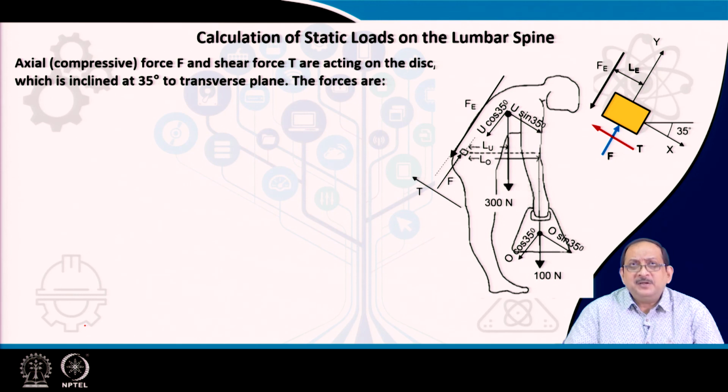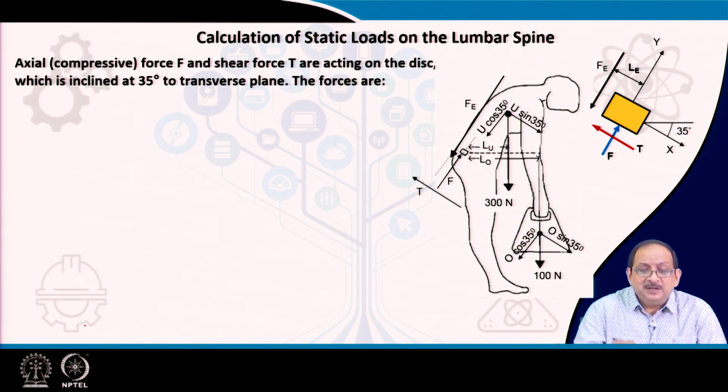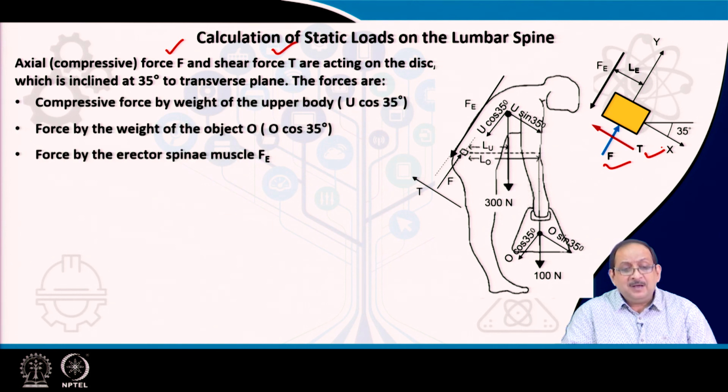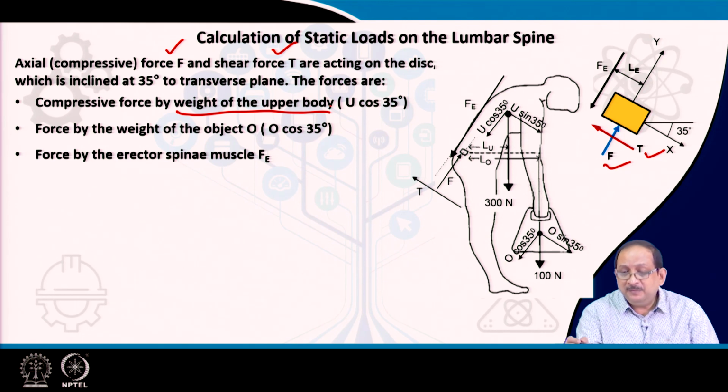Let us focus our attention on the calculation of static loads on the lumbar spine. We will be calculating the axial force F and the shear force T, as indicated in the figure, which are acting on the disc, which is inclined at 35 degrees to the transverse plane. The forces acting in this problem are the compressive force of the weight of the upper part of the body, which is taken as 300 Newton.